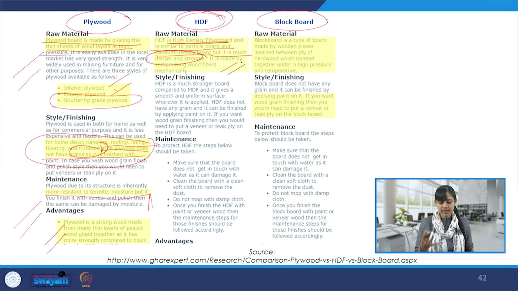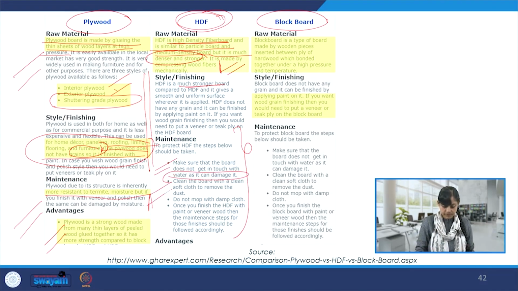It is made by compressing wood fibers mechanically, and it is used for a lot of purposes since it is quite strong. And it does require some steps when we talk about maintenance. Make sure that the board does not come in touch with water. We have to keep it away from moisture and water, and it needs to be cleaned regularly. So there are certain basic steps to maintain it, but overall it's very strong and used very popularly.